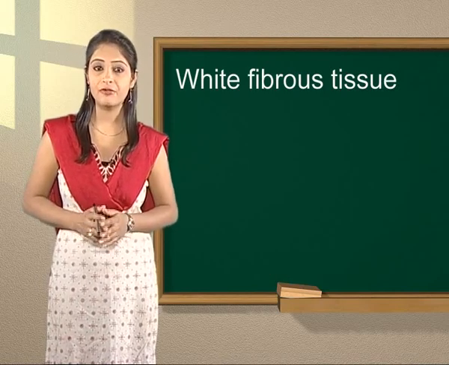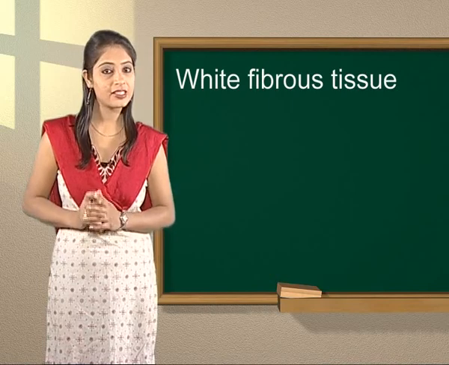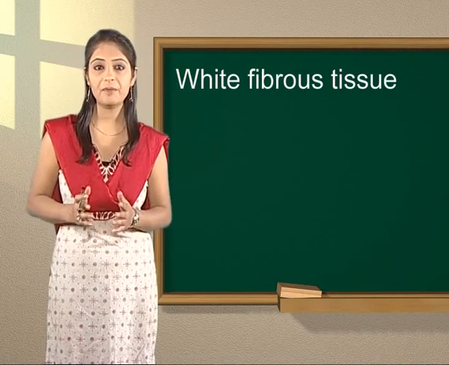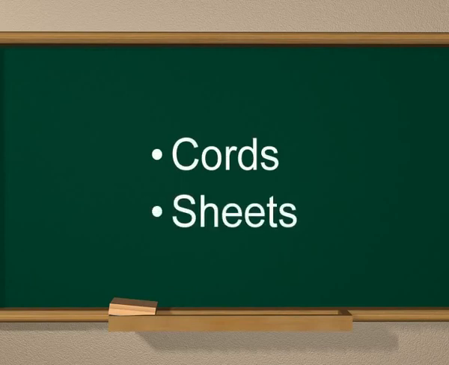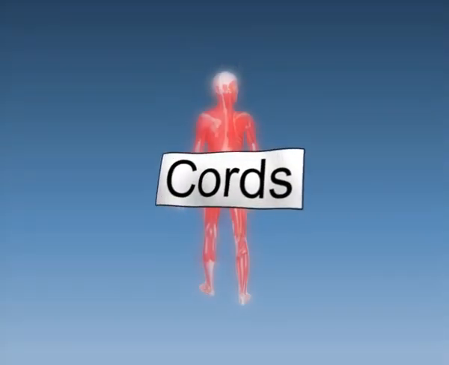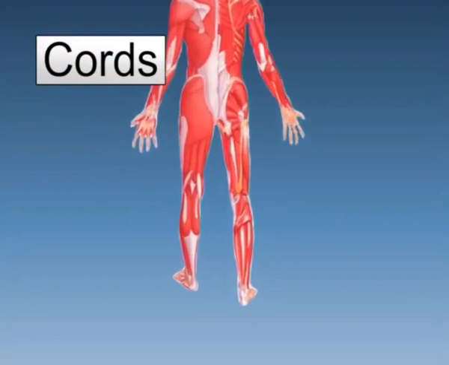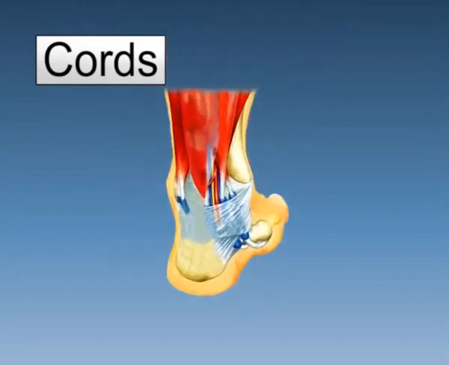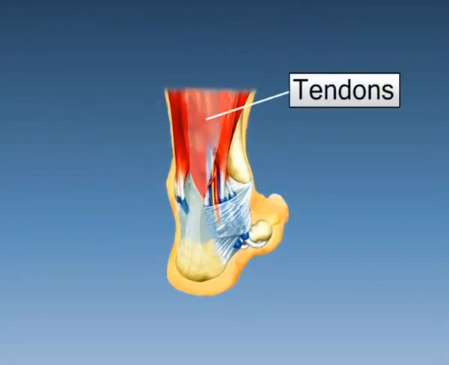This tissue is very tough, but is not elastic. It may appear in two forms, cords and sheets. Let us know more about these. Cords. The white fibers run parallel to each other to form cords called tendons.